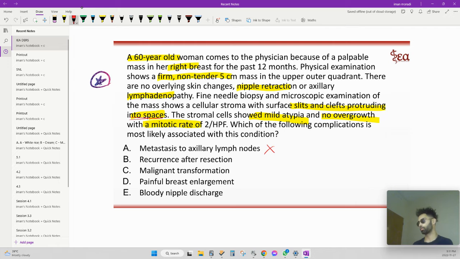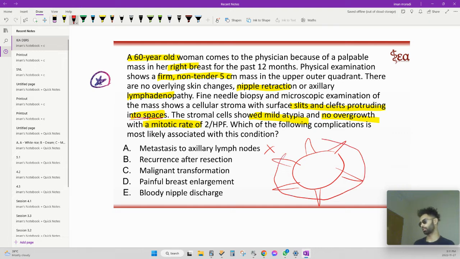One other thing about these tumors that have a lot of spikes that invade into the tissue next to them is that when a surgeon wants to cut this off, there's sometimes going to be some stuff left here and here and here, so you're at risk of having a recurrence, right? So recurrence after resection.